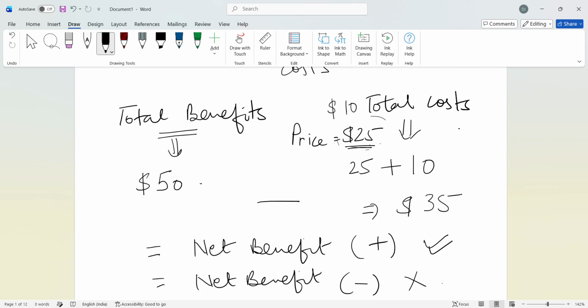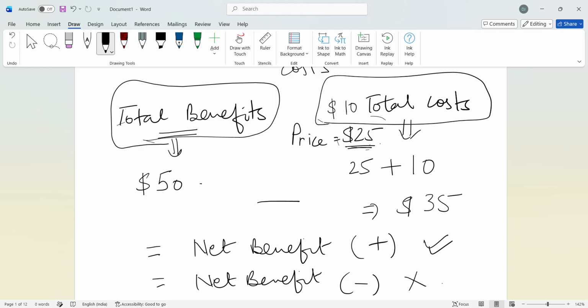The underlying thought is that we take the total benefits, we take the total costs, and then we subtract the two. If the net benefit is coming out to be positive, then we go for that decision. If it's coming out to be negative, then we don't go for that decision.